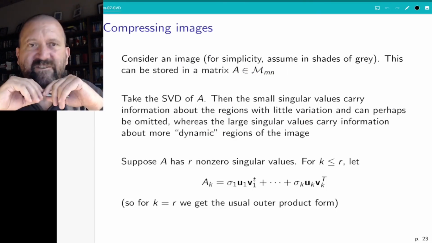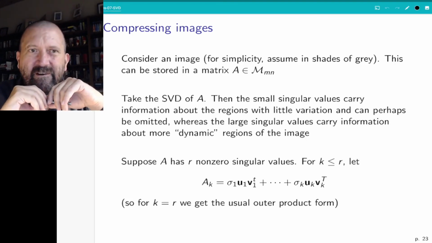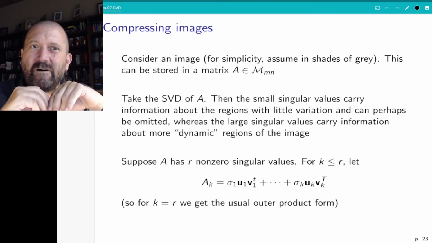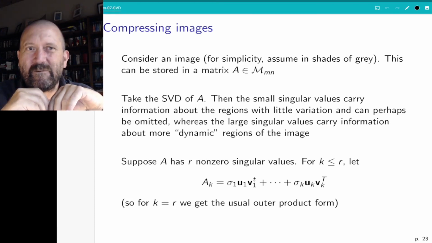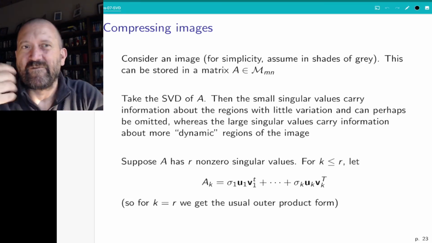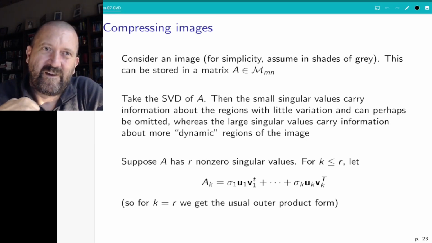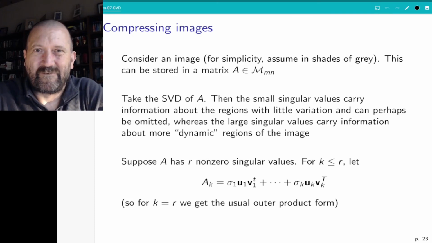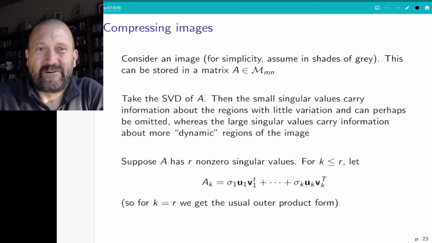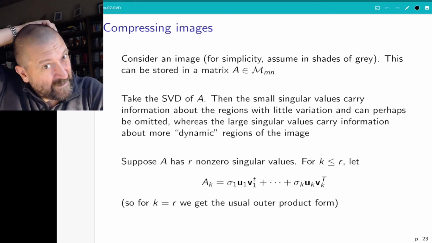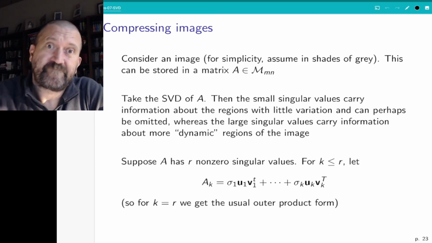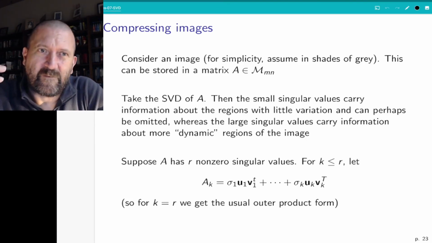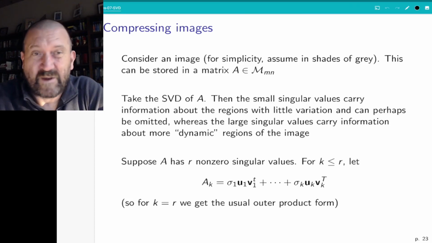Let me just introduce the other example that I want to look at soon, which is image compression. As you can guess, we're going to look at this in R, in a Jupyter notebook, rather than here. But let me introduce the problem. Think of an image as a matrix.